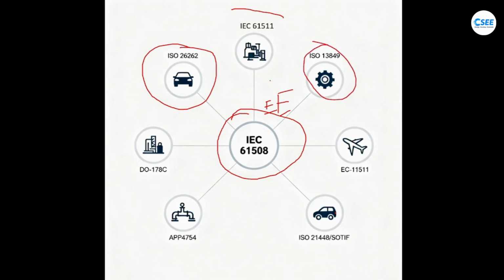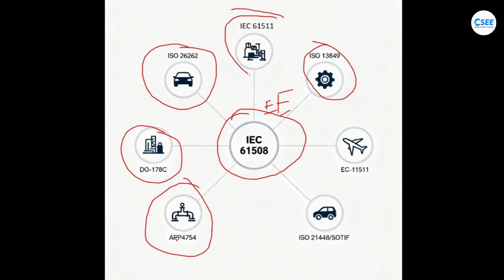In aerospace, standards like DO 178C and ARP 4754 ensure safety in both hardware and software. The process industry like oil, gas, and chemicals often follow IEC 61511.